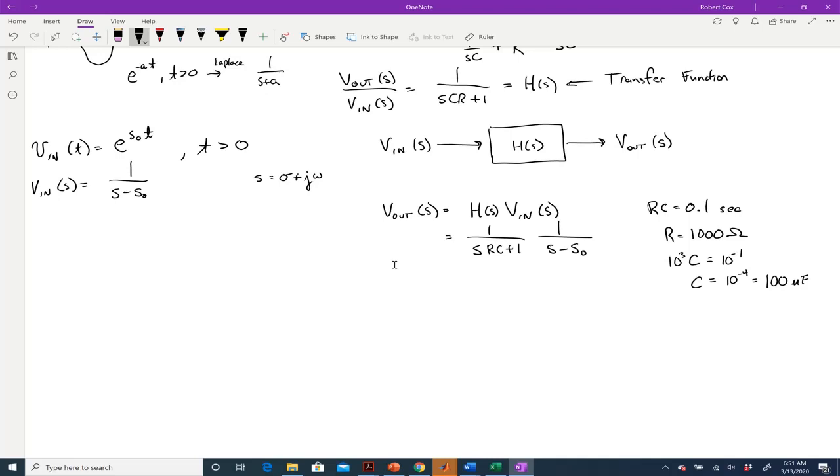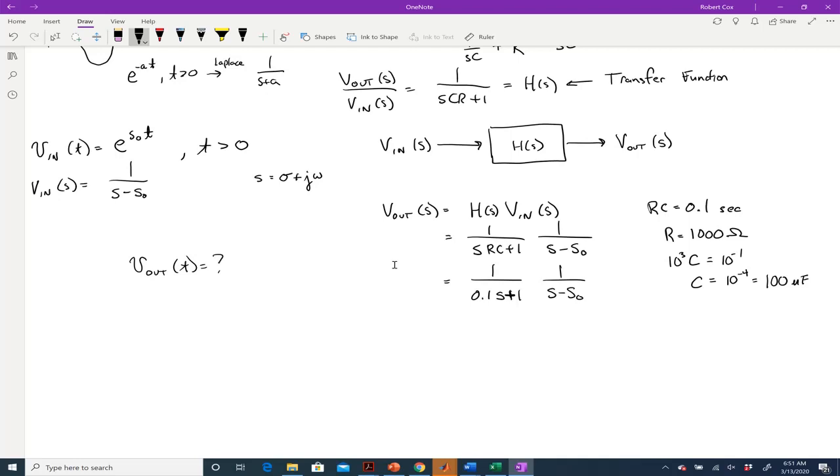So let's say I have 1 over 0.1 S plus 1 times 1 over S minus S naught. Now our goal is to find V out of T and determine what that is.